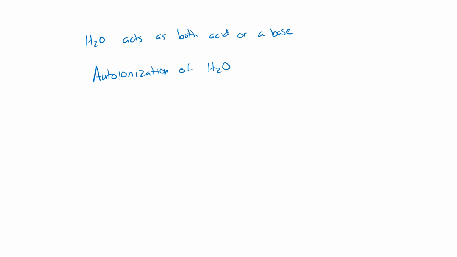Okay. So we'll get to the important stuff here, and I'll circle it and put stars around it. If you take two molecules of liquid water, so H2O liquid plus H2O liquid, and you have them react with each other, one of these can act as an acid and one of these can act as a base. So if this first one reacts as an acid, that means that it's going to create H3O plus.